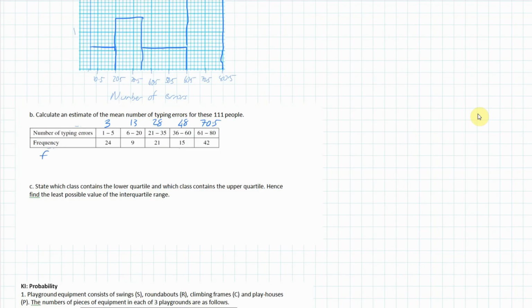And so the fx values will be 3 times 24, which is 72. Then 13 times 9, which is 117. Then 28 times 21, which gives me 588. Then 15 times 48, which is 720.